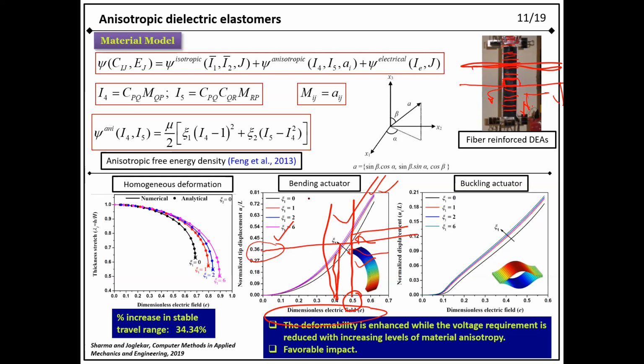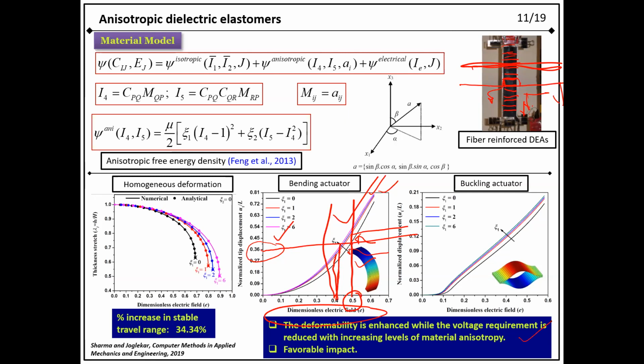Okay, so what we can say is that this anisotropy, or the reinforcement of the fibers, will enhance the deformation level and will reduce the voltage requirement. It showcases the favorable impact on the actuation performance.